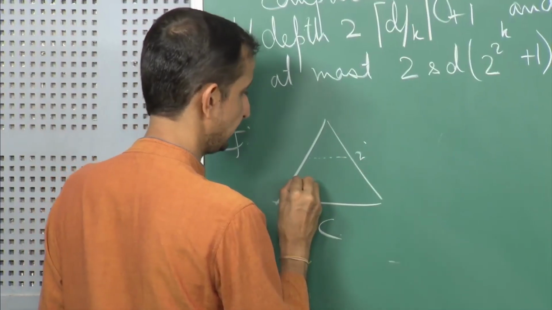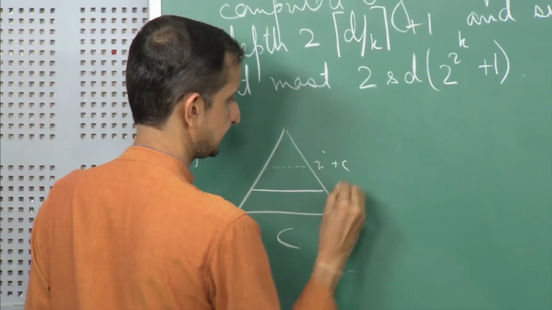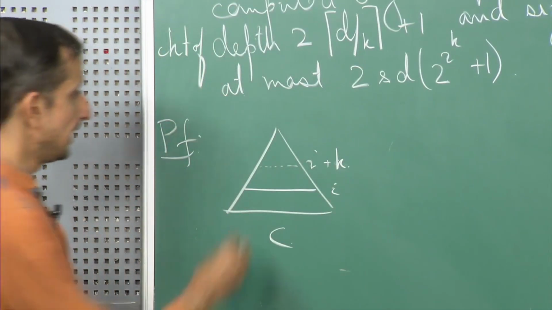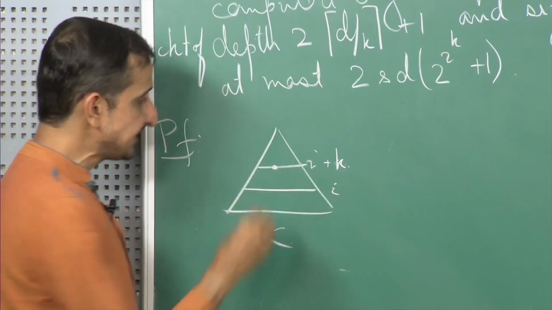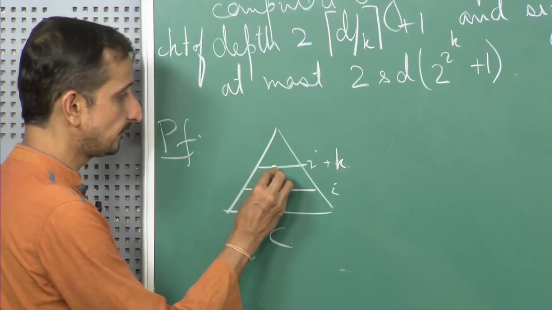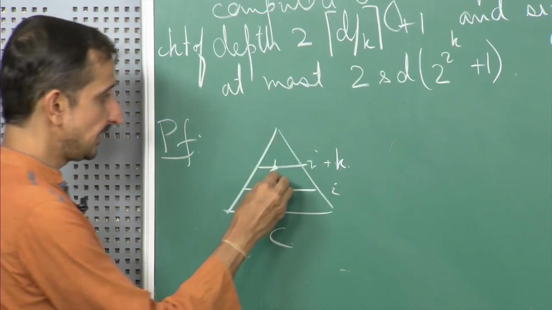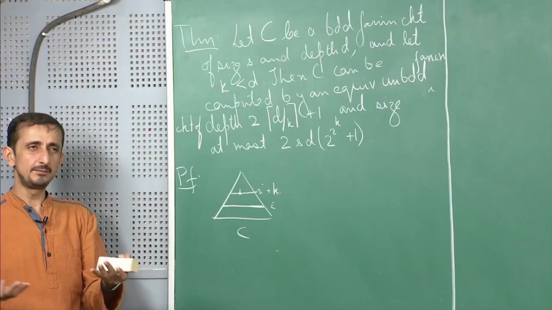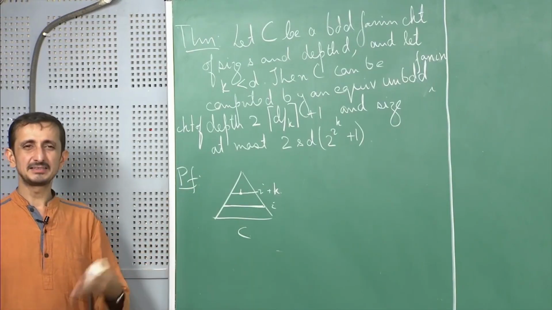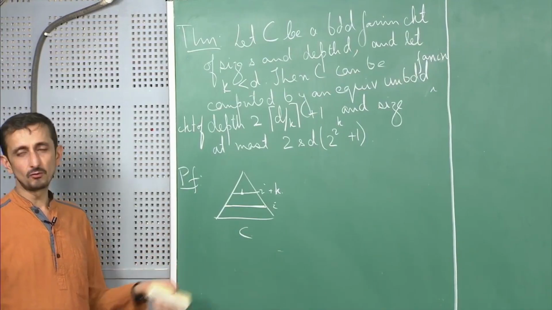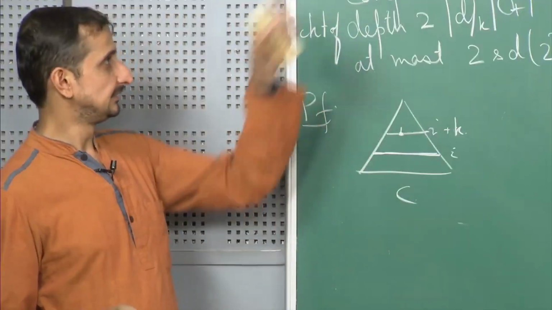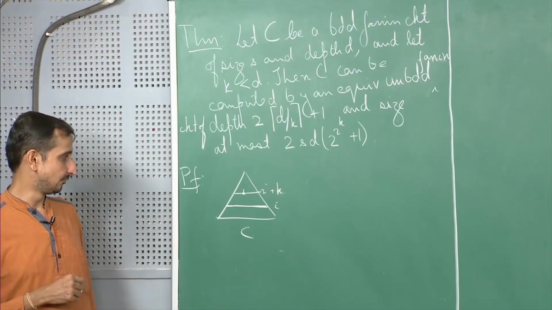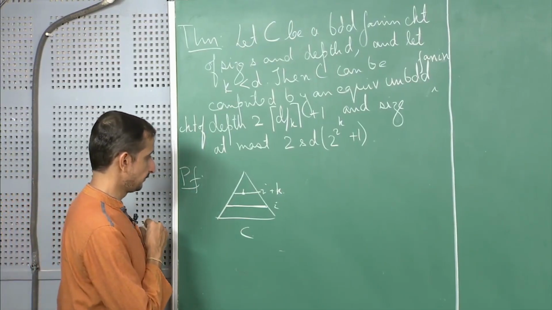Now if I look at any level i in this layered circuit, and say level i plus k over here and level i over here, then I can represent the output of a gate in level i plus k in terms of the gates in level i, up to a depth k. And how will it be? This is a bounded fan-in circuit. Let us assume, without loss of generality, that the bound is 2, so these are AND, OR and NOT gates which take at most 2 inputs.